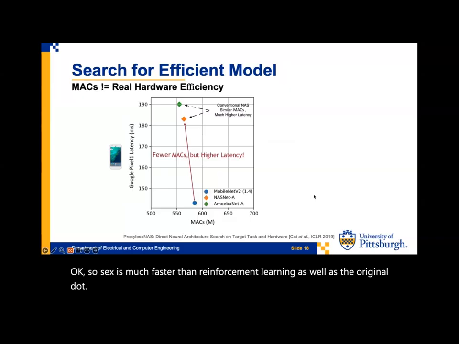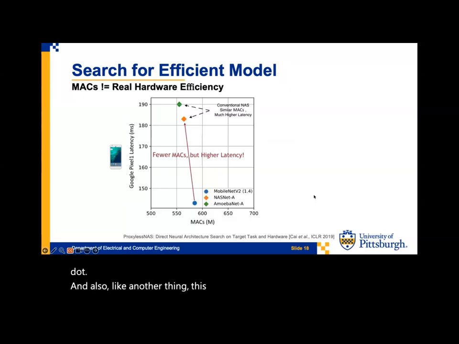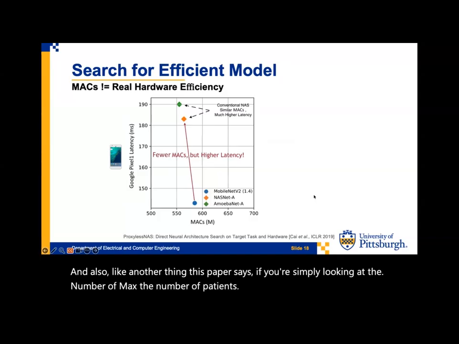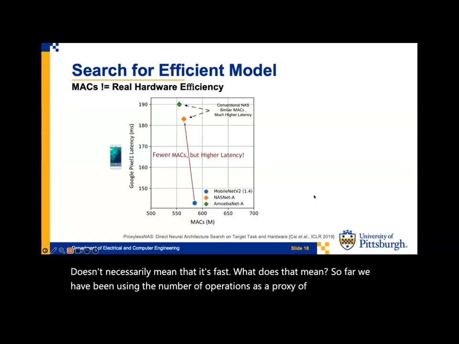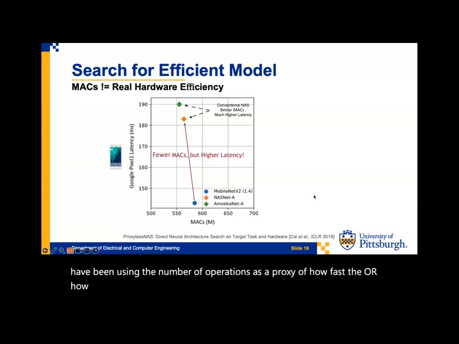Another thing this paper says is that simply looking at the number of MACs, the number of operations, doesn't necessarily mean that it's fast. What does that mean? So far, we have been using the number of operations as a proxy of how fast or how efficient the network is.